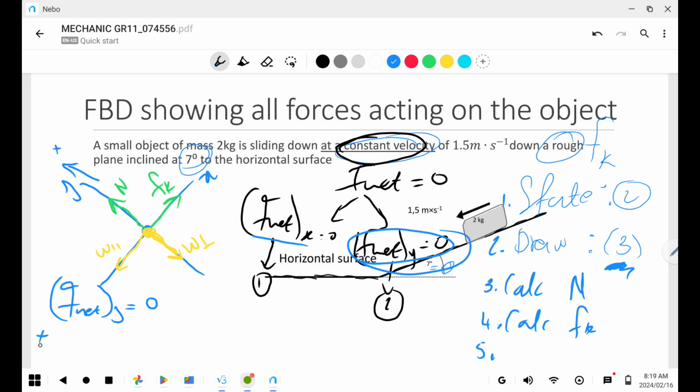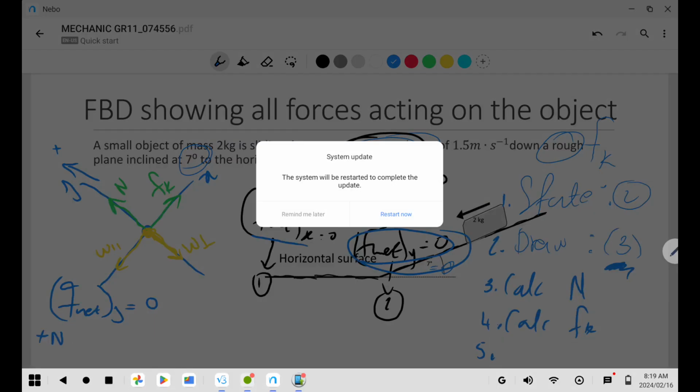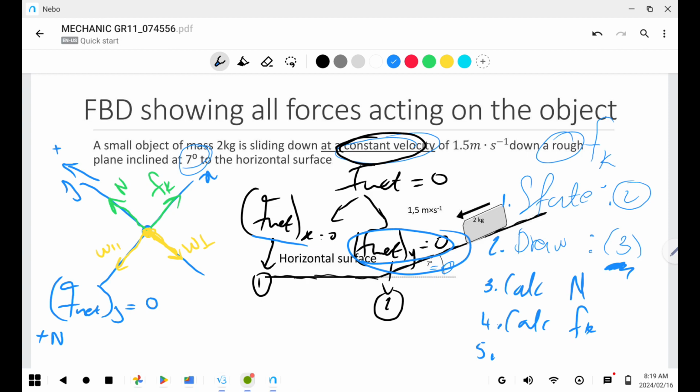So I have positive normal, positive for direction, plus, because when we talk about net force, this is the sum of, that's why I'm putting a plus in the middle, plus Fk, but the Fk, oh no, my apologies. What am I doing?